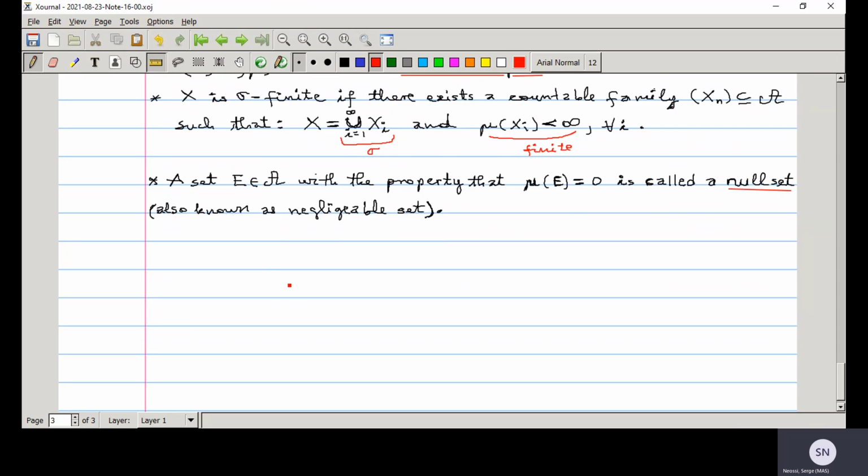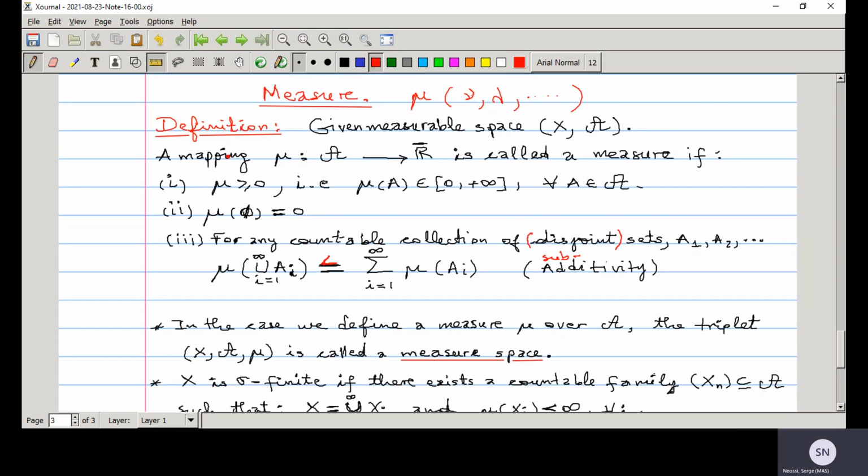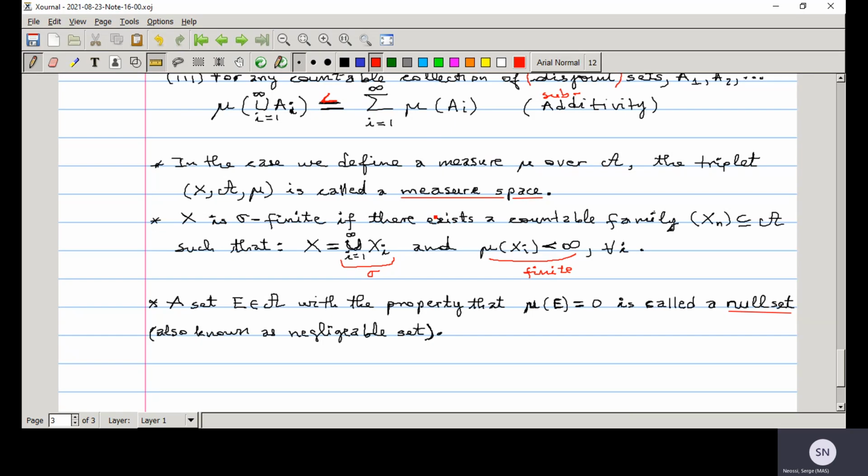Okay, so from here, where do we go? I need to give you some examples because if I just leave you from here without giving you examples of measure, right? Then your appetite will not be quenched, right?